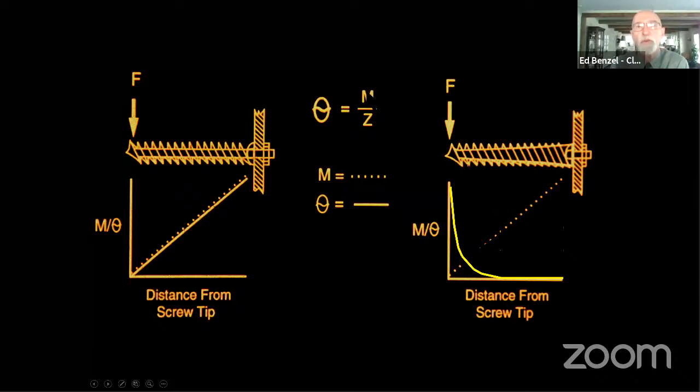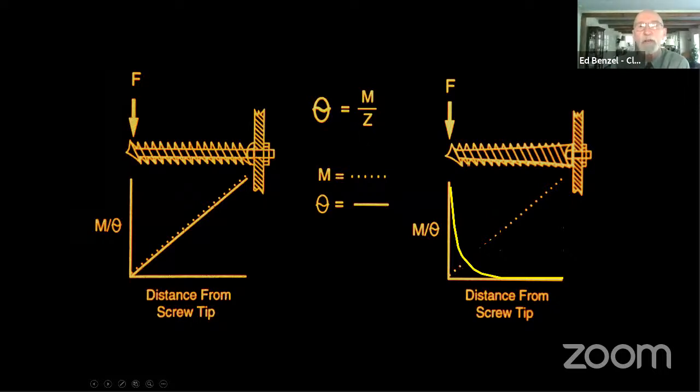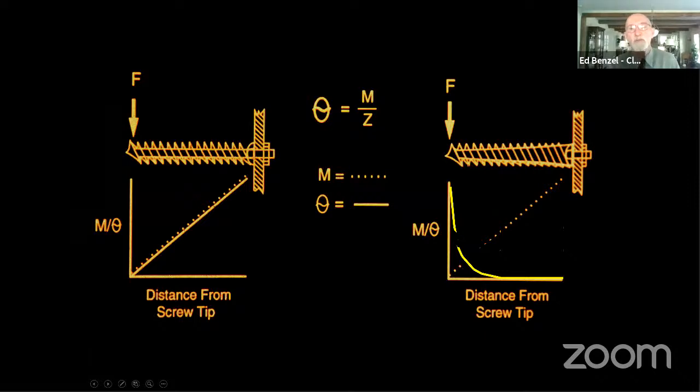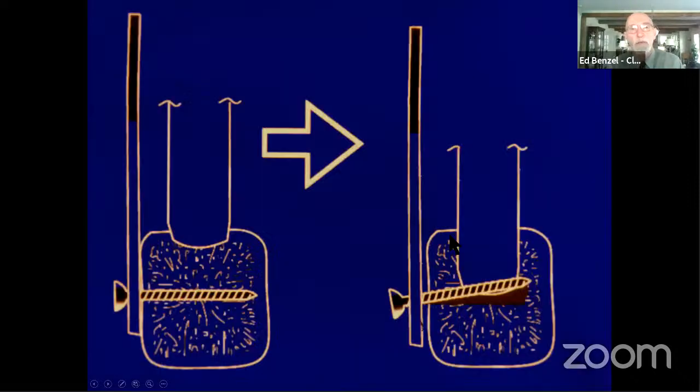And henceforth, if you look at the mathematics associated with this, where the numerator is increasing linearly and the denominator is increasing exponentially, we see the stress being maximum at a point somewhere near the tip of the screw, hence the fracture of the screw near its tip.